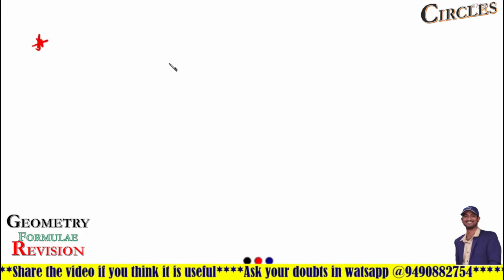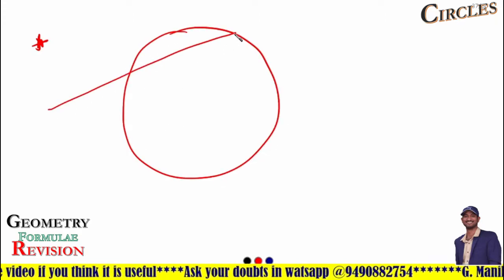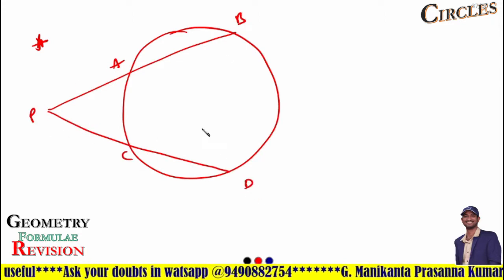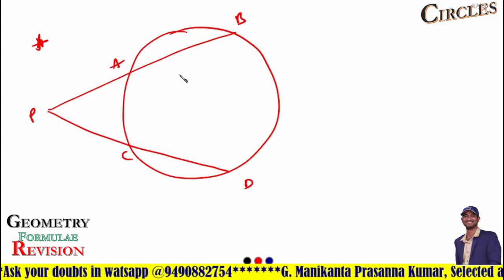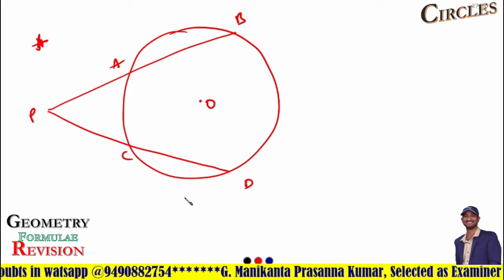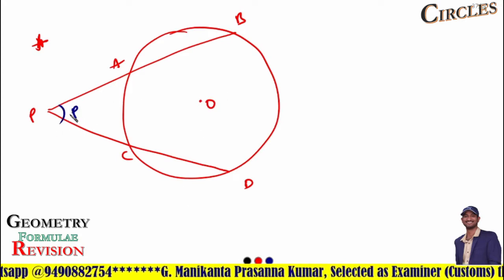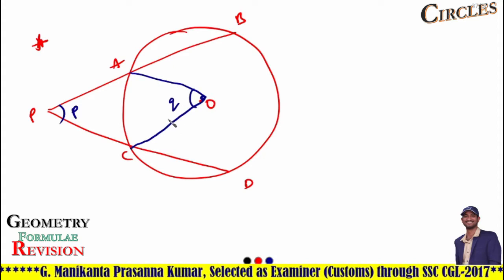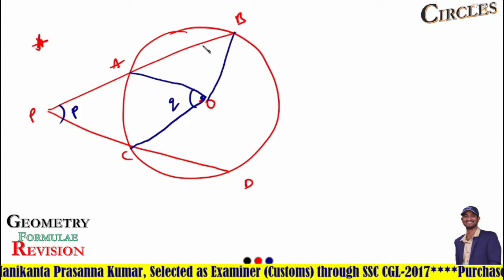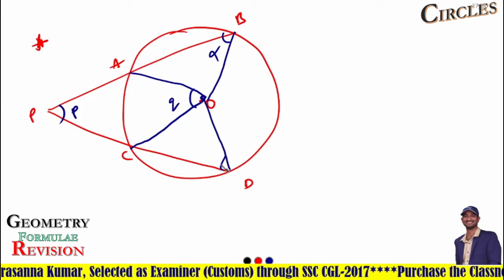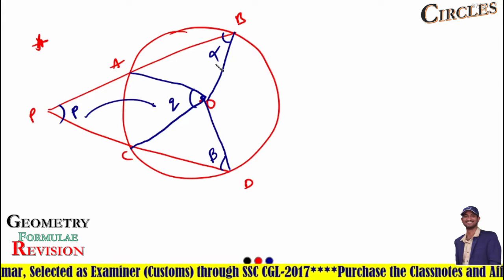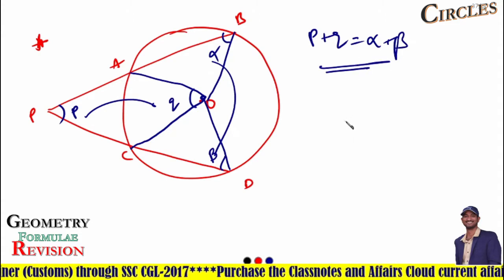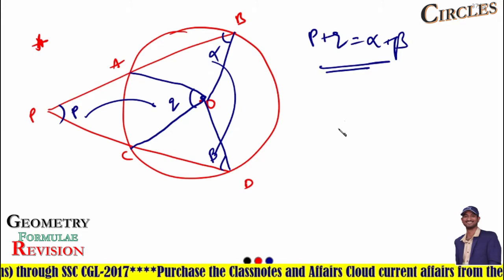Suppose these are two secants PAB and PCD, and it is center O. If the angle between the secants is P and this angle is Q, and if this angle is alpha and this angle is beta, then P plus Q equal to alpha plus beta. Is it clear? All of you?